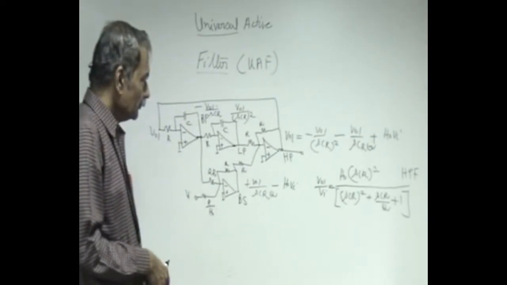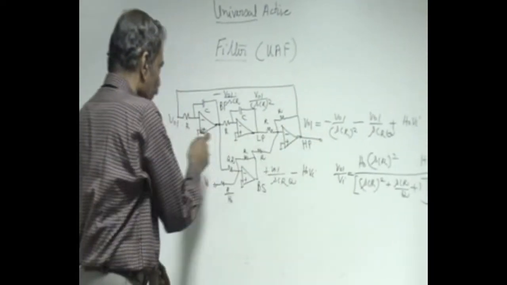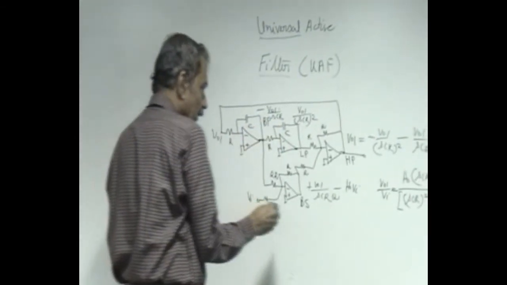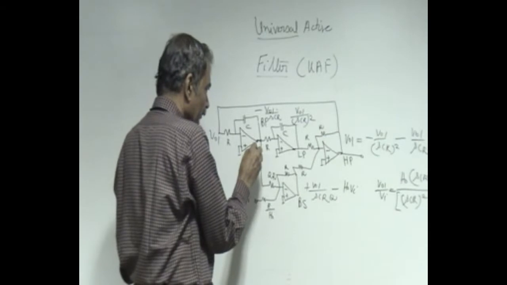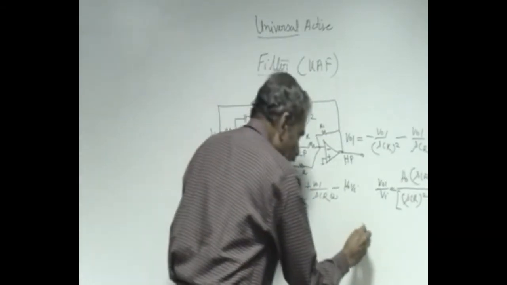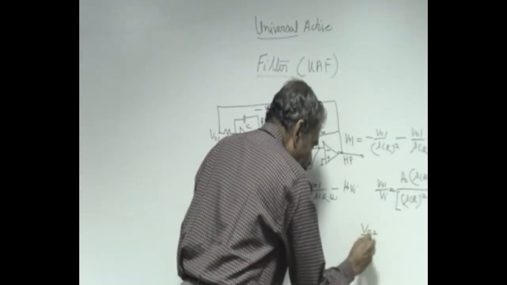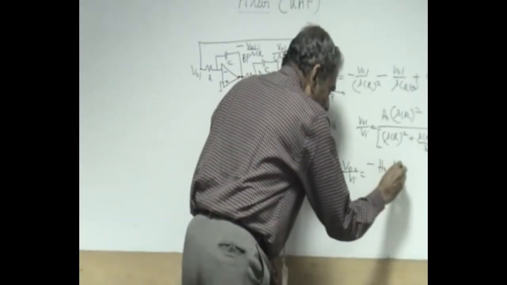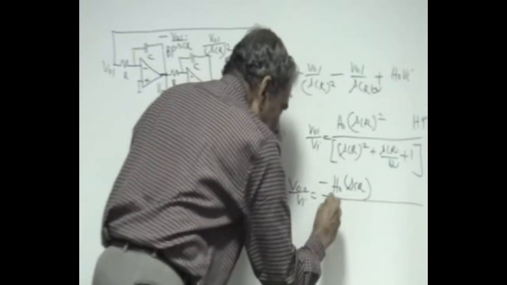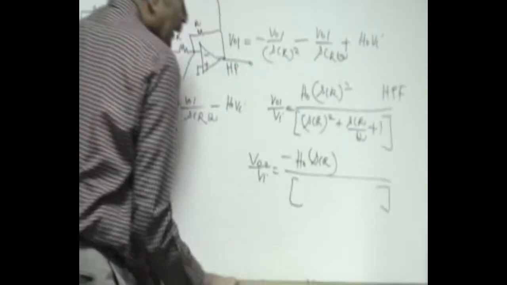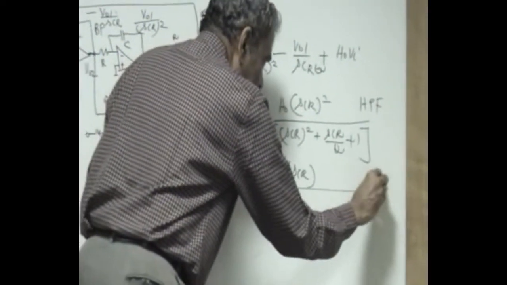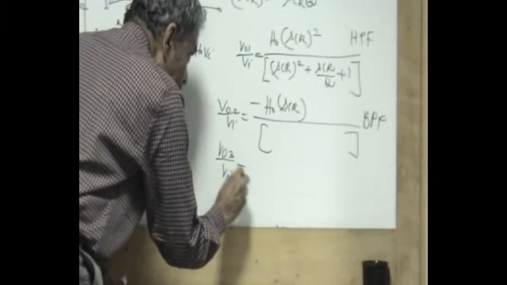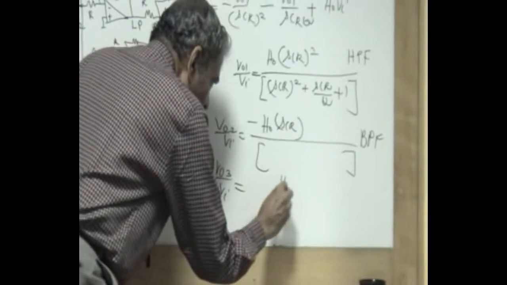Now this particular output of the high pass is given to this, and it becomes the band pass output. So here V02 is going to be band pass, H0 into SCR. Once again, the high pass gets integrated and we get the band pass filter. And V03 by Vi is low pass.